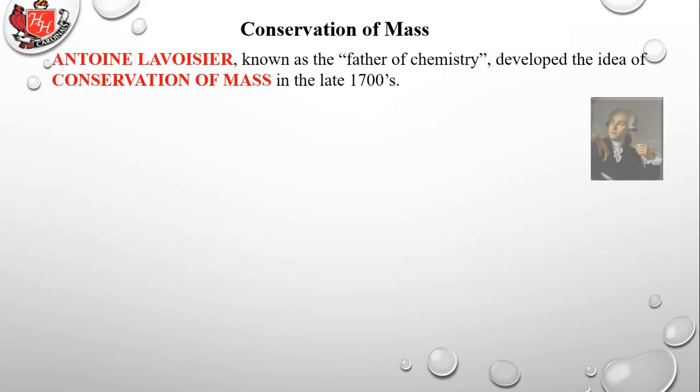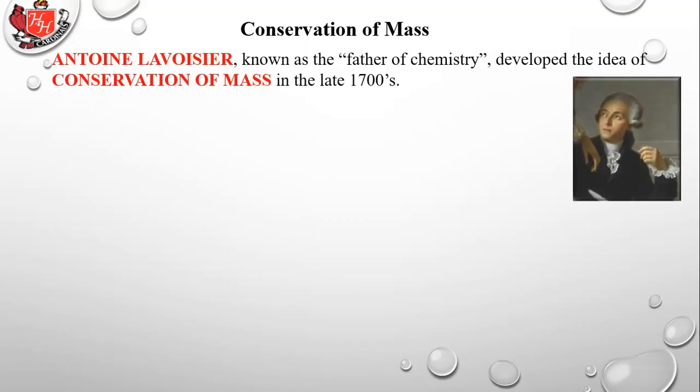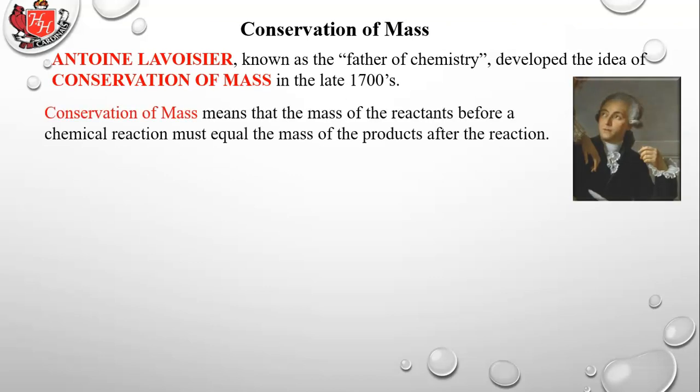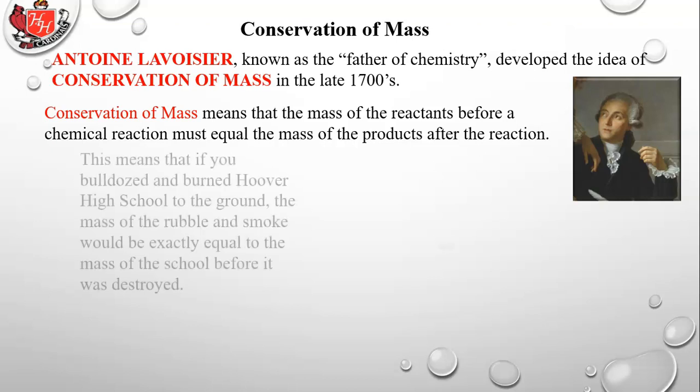Alright, so Antoine Lavoisier, known as the father of chemistry, developed the idea of conservation of mass in the 1700s. Conservation of mass means that the mass of the reactants before a chemical reaction must equal the mass of the products after the reaction.